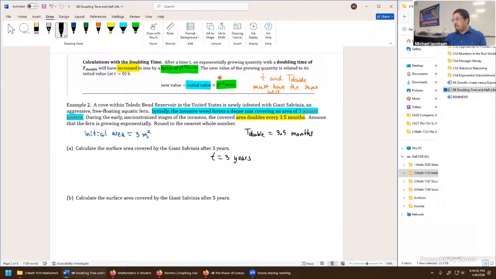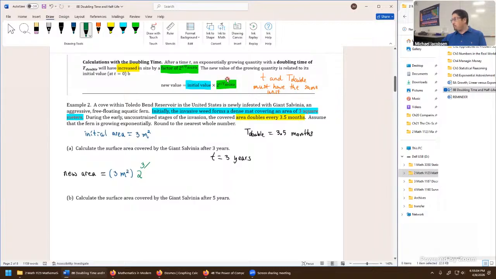And so that means the new area is going to be equal to the initial area, which was 3 meters squared, multiplied against 2 to the power of t, 3 years, divided by t double.